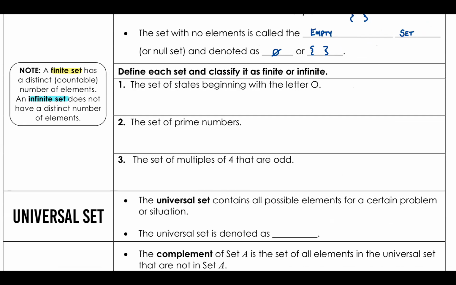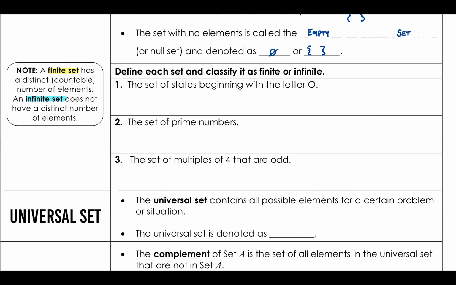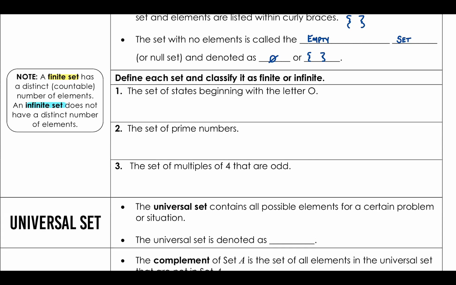So the set of states beginning with the letter O. Now, I don't need you sitting here singing the 50 States song, so I'm going to help you out a little bit. So our set is going to be set O. Well, obviously it is one of the greatest letters in the alphabet, but also it's how we're going to be able to distinguish what we're doing.